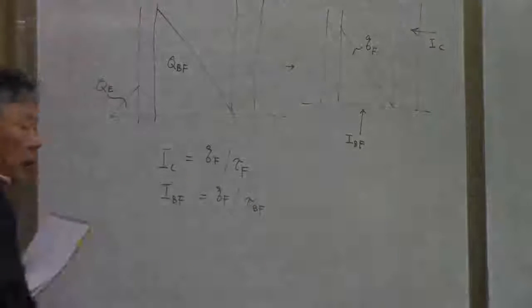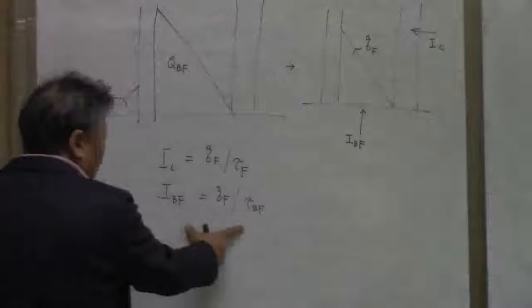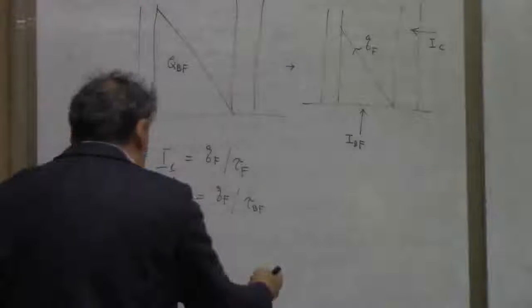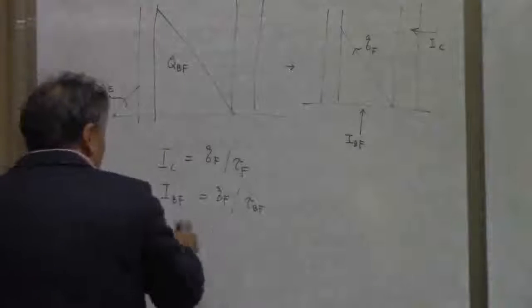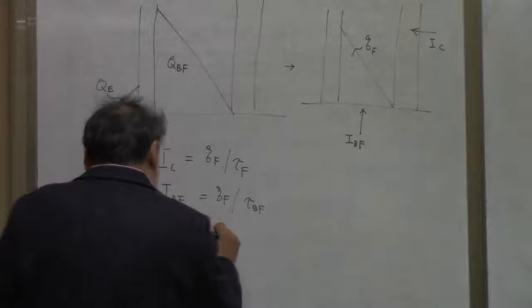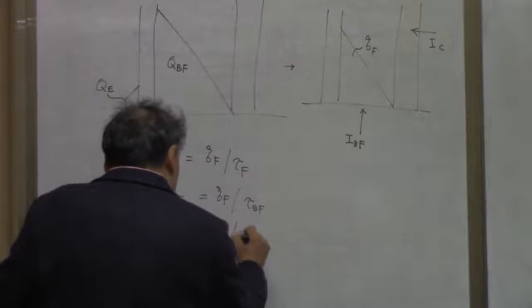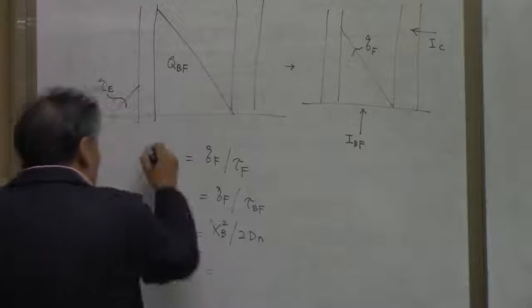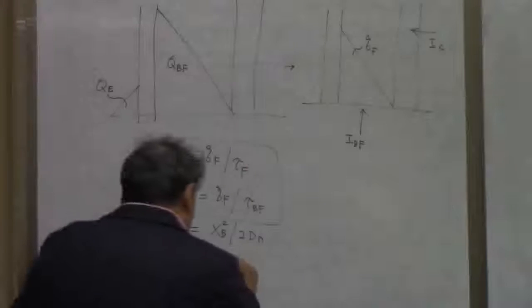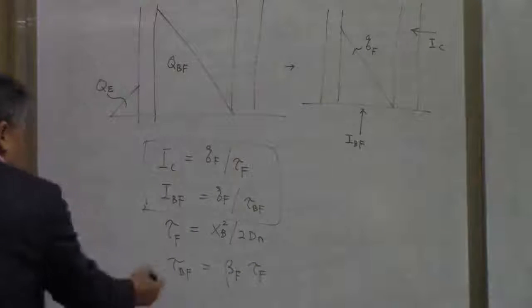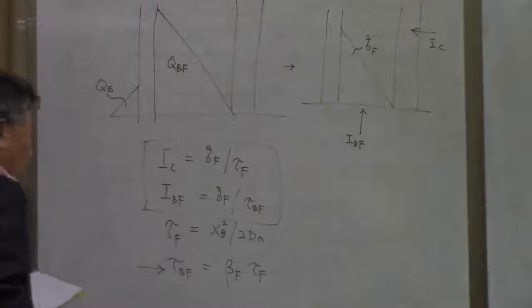That is a simple equation. That is a simple form. We just use tau BF, a new number, a new characteristic time, in order to set these equations. And then we can develop each characteristic time to make this possible, and then we end up with these equations between the tau BF and the tau F.